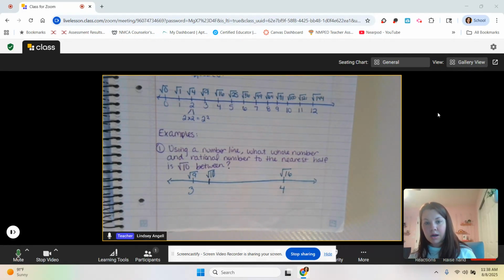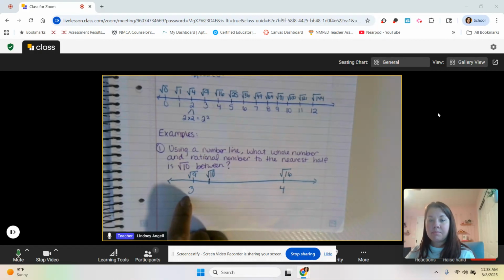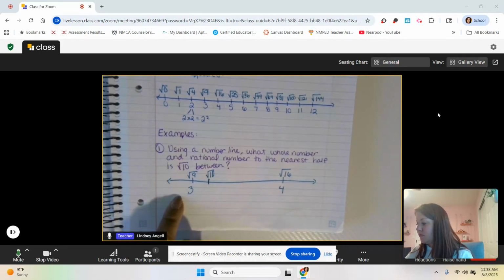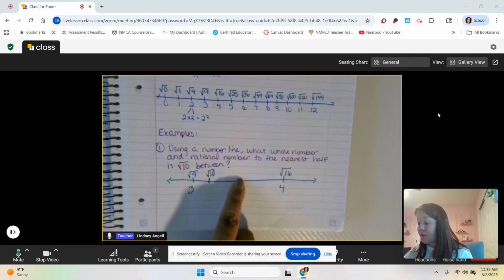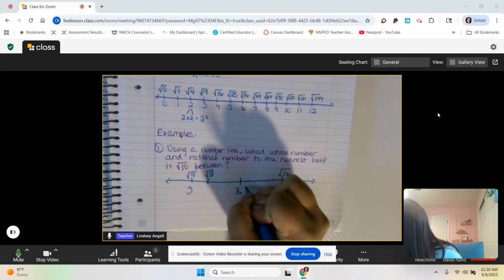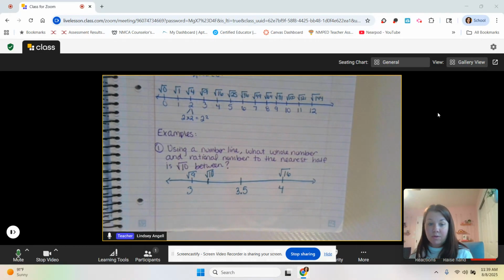The wording in the question says what whole number and rational number to the nearest half is the square root of 10 between. If we're talking about halves, half of the way between 3 and 4 is going to be 3.5, or 3 5/10.